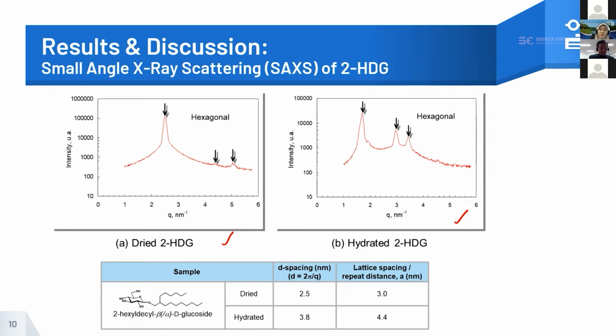For the hydrated sample, when you introduce excess water and then measure the SAXS, you can see the d spacing increases to 3.8, whereas the lattice spacing increases to 4.4. Why does this occur? This shows that there is interaction between the sugar head group and water molecules through hydrogen bonding. That's why the molecules swell further in the solution.